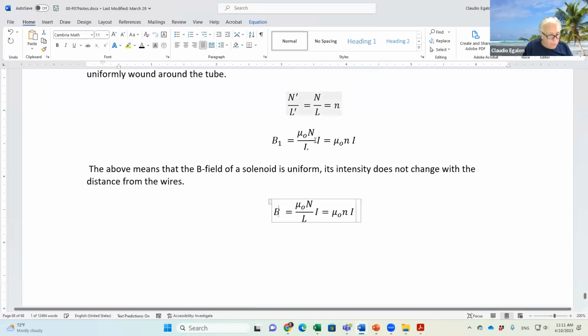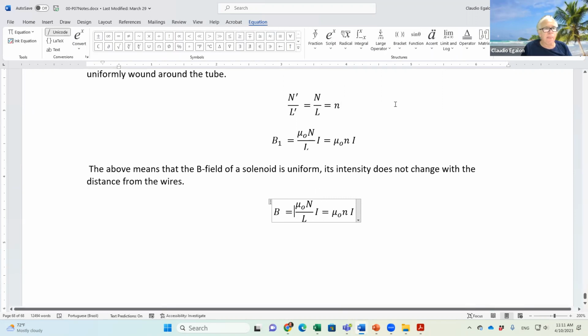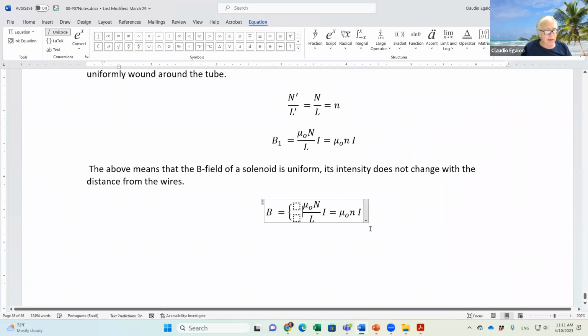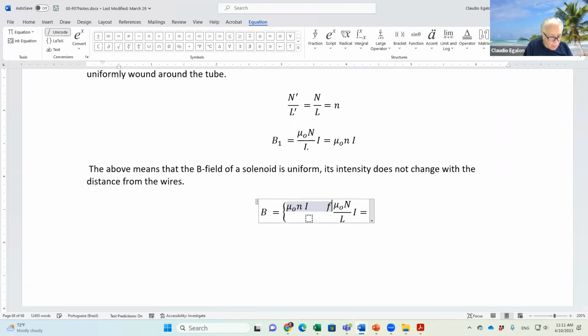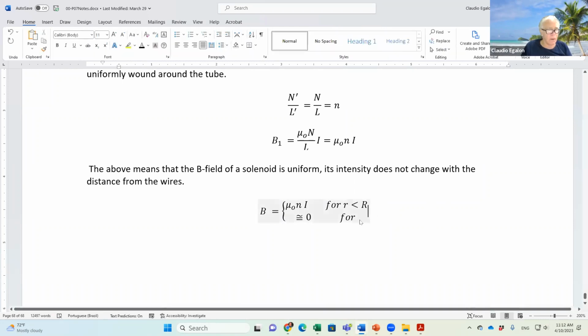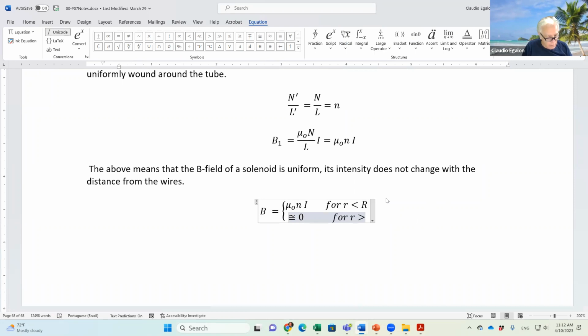The B field of the solenoid is equal to mu naught n I for lowercase r less than big R, and is approximately 0 for r greater than big R.